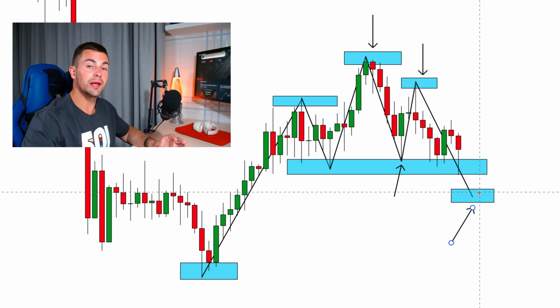Yes, so that is how the pattern actually works. It gives you the preconditions for the trend violation and trend change, and the breakout of the neckline and new low actually gives you the trigger that the trend is violated and the market is now trading in a bearish trend. Yes, that is how we read such a pattern.